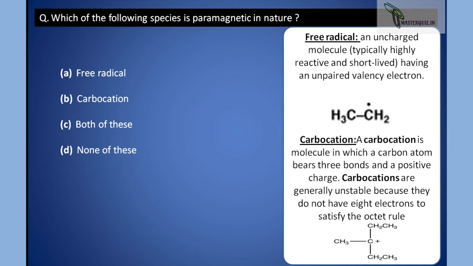But which one has an unpaired electron here? CH2. This carbon contains an unpaired electron. That means free radical contains an unpaired electron, so free radical shows paramagnetic nature. Now check the answer. Yes, free radical is the correct answer.